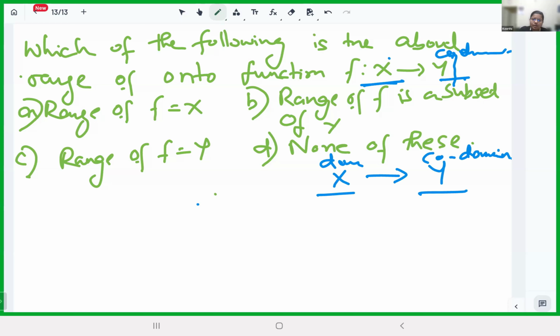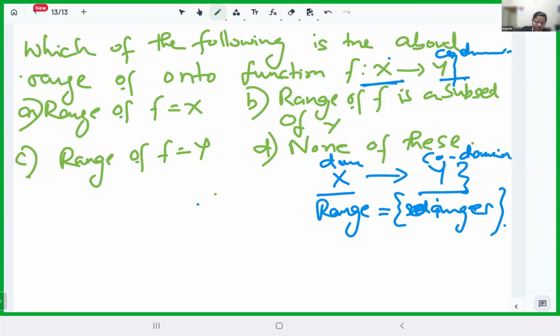The set of all images of the function is the range. Range is nothing but the set of all images of that function. And we know that for a function to be onto, every element in Y should have a pre-image. It is nothing but the codomain itself should be the range, right?